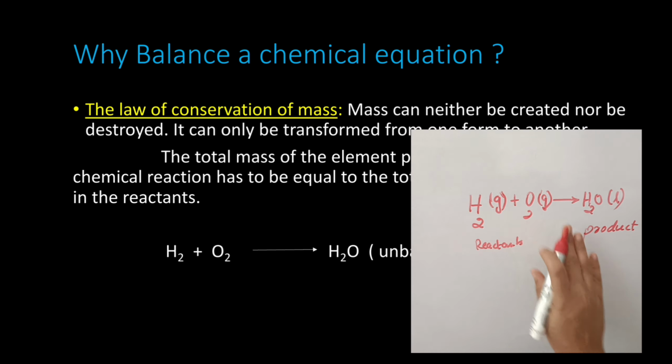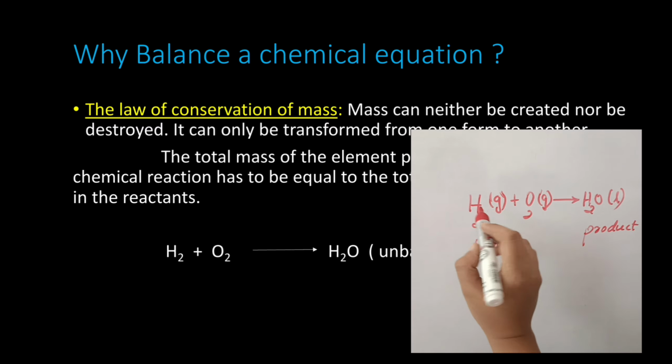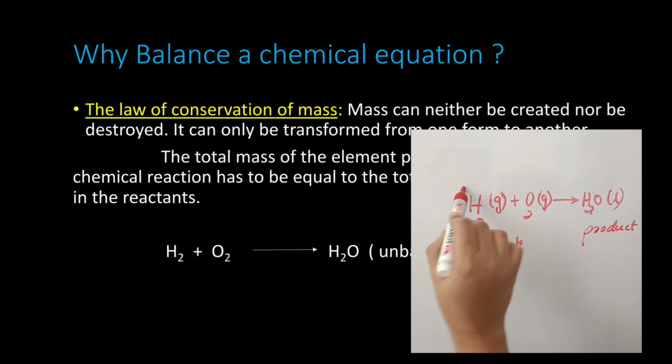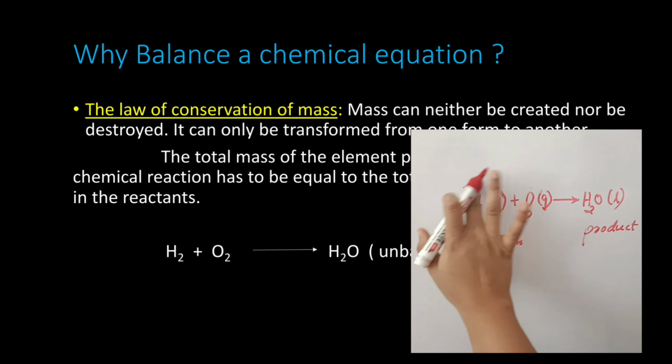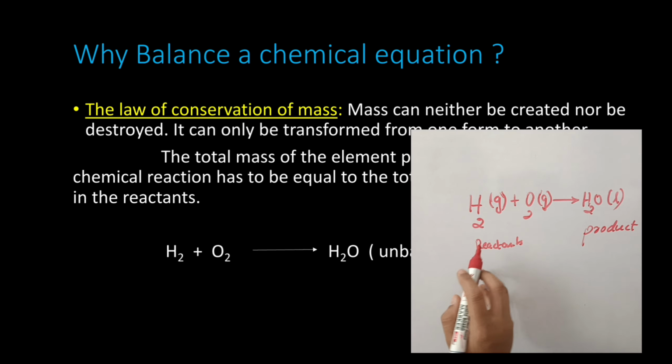So now you see an example: hydrogen and oxygen reacting and you're getting H2O, right? How many elements are present? Hydrogen and oxygen, right? There are two elements present on both the reactant and product side. Now in the hydrogen element, how many atoms are there on the reactant side?